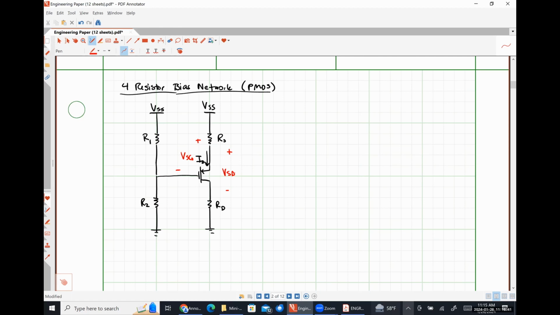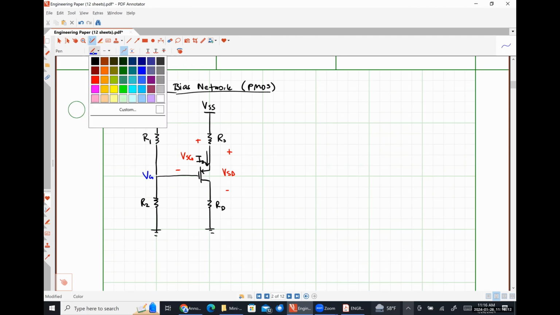So to analyze this circuit, we're going to do pretty much exactly what we did on Wednesday. We're going to assume that the device is operating in saturation and then hope we're right so that we don't wind up having to set up a system of equations. But if we do, I'll help you set up said system of equations. All right, so by inspection, this is the voltage at our gate with respect to ground.